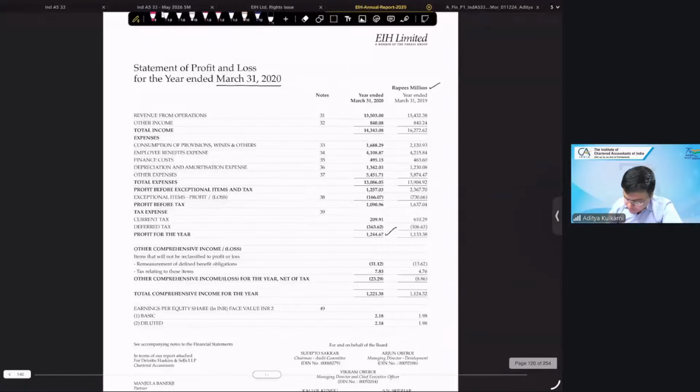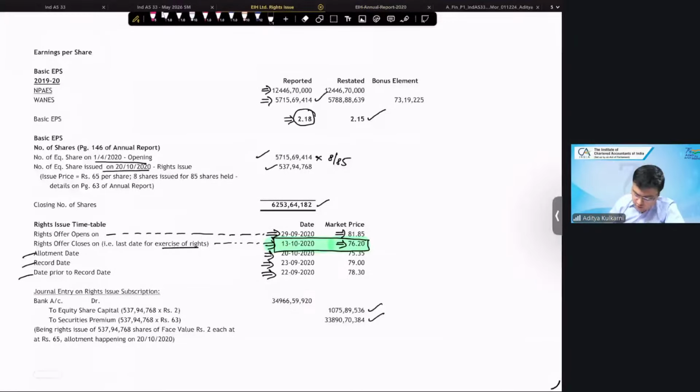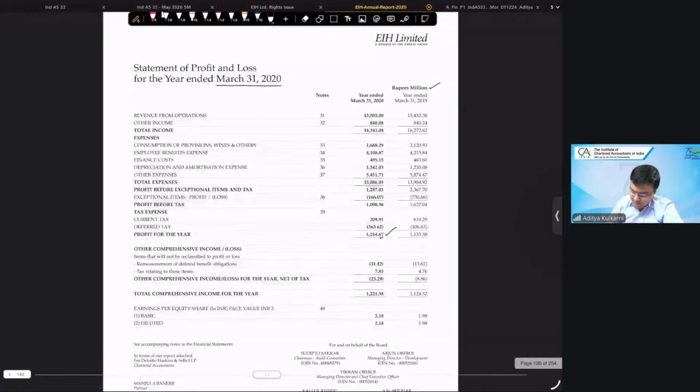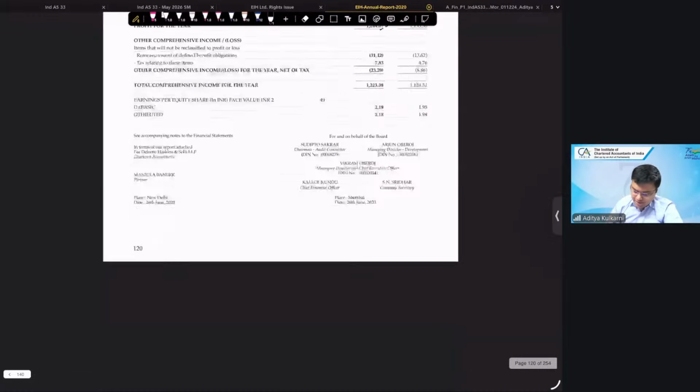For 1920, your profit is 1,244.67 million. So 1,244.67 million divided by weighted average number of equity shares, 571,569,414. This is the previous year balance sheet.